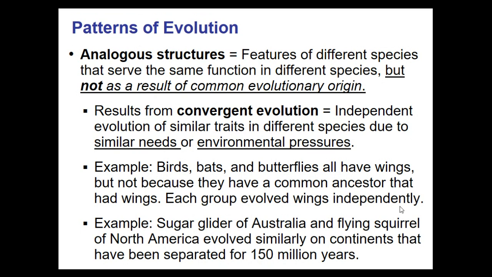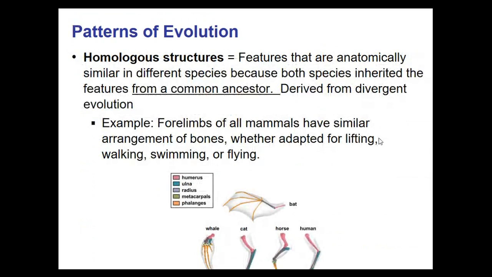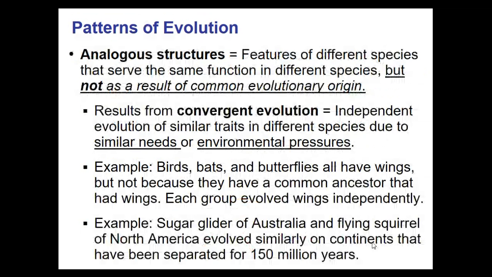When scientists try to trace the evolution of species or of features like this, it can be confusing, because how do you know if these different mammals all inherited that bone structure from a common ancestor, and so how do you know they're homologous structures, or how do you know that birds and bats and butterflies didn't all inherit things from a common ancestor that had them?